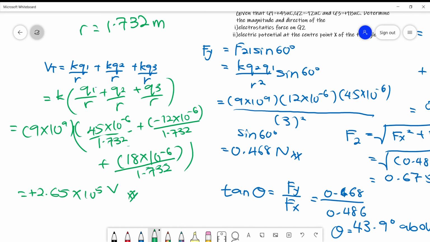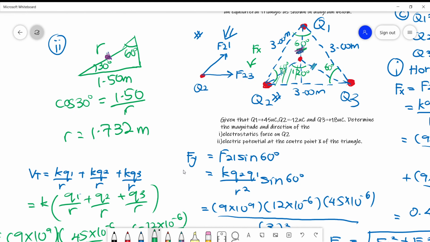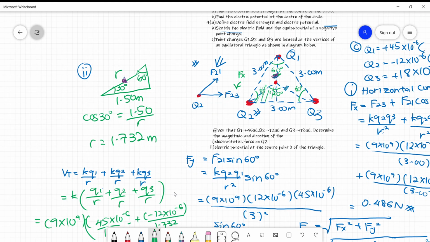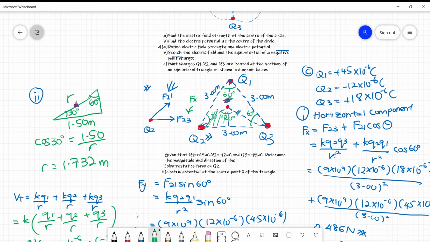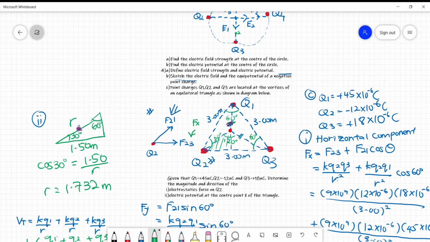Alright, that's it for the question, and we have done all 4 questions. The solution looks simple, but when writing, for me, it's actually quite complicated.